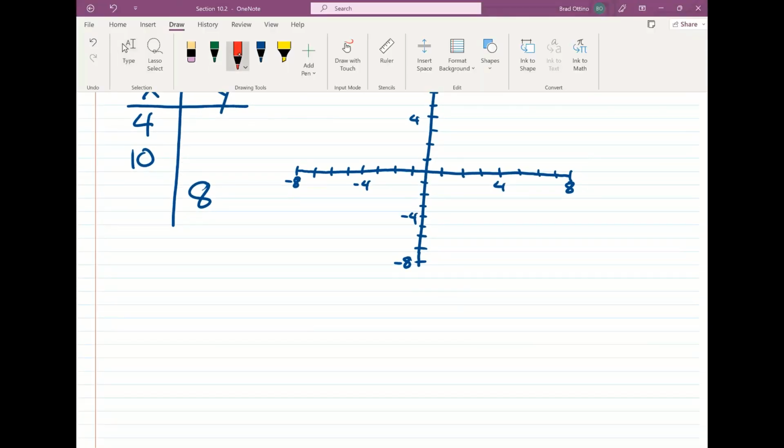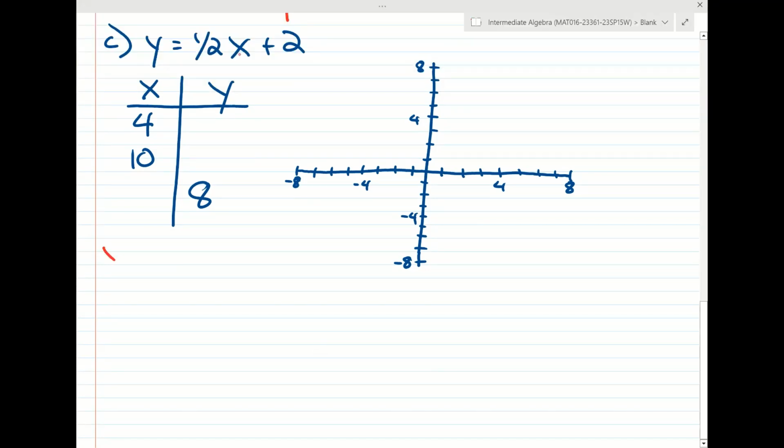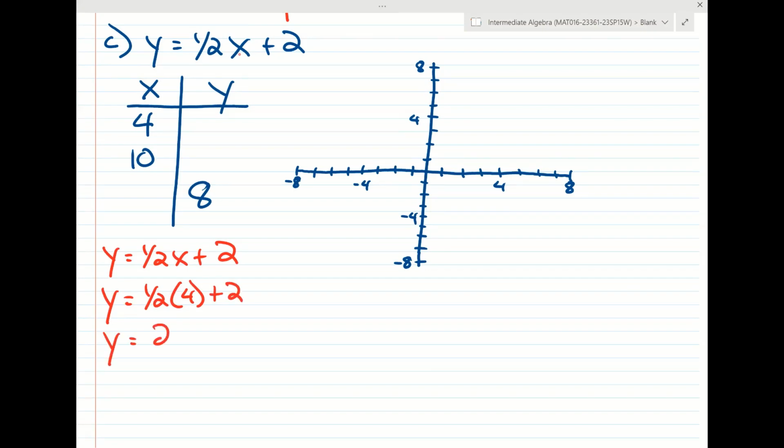We'll do the same thing we did before, making sure we're careful to plug in for the right variable. So if y is equal to 1/2 x plus 2, and x is 4, you get y is equal to 2 plus 2, or y would be 4. So we go to 4, 4.